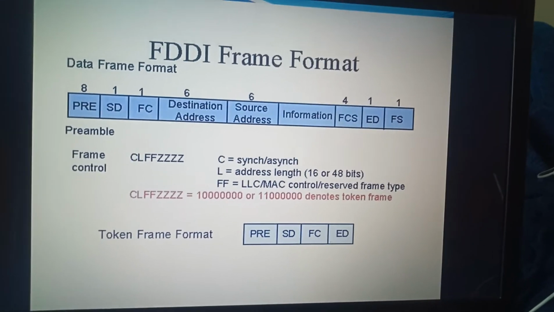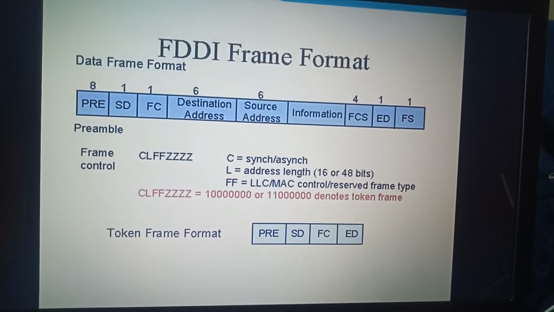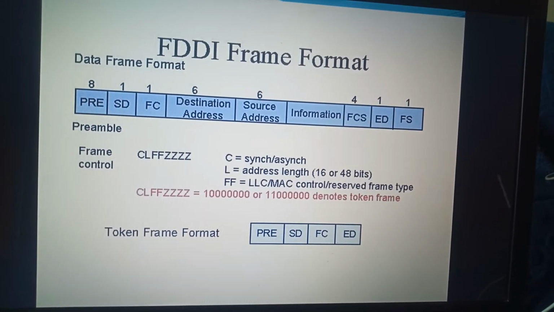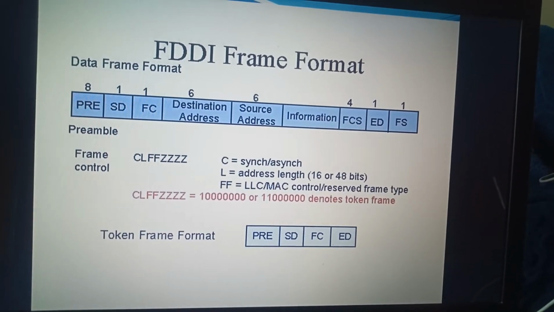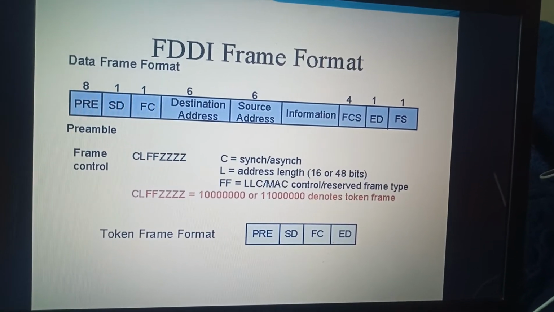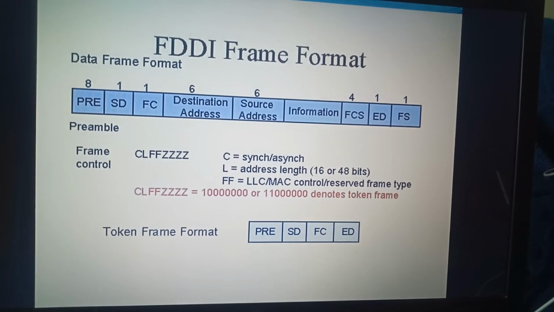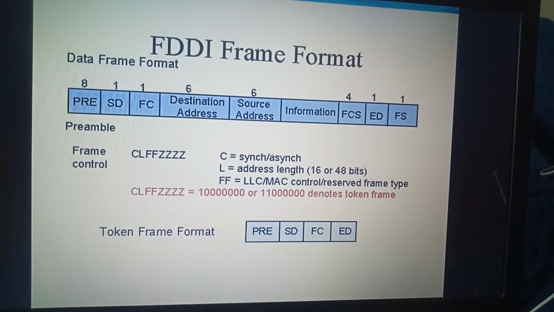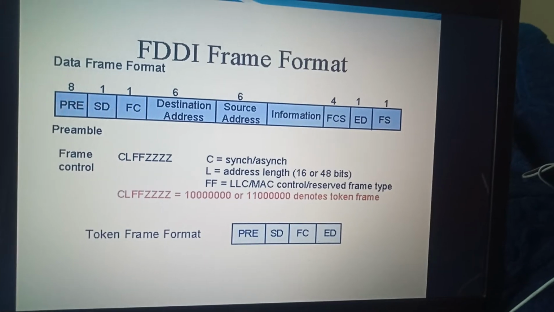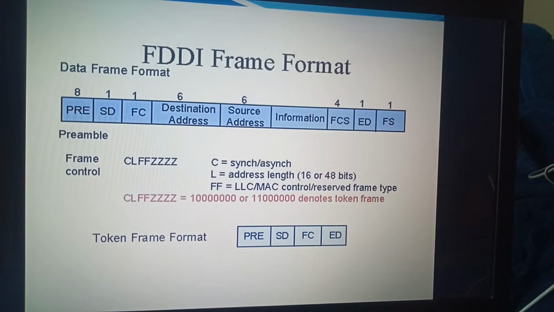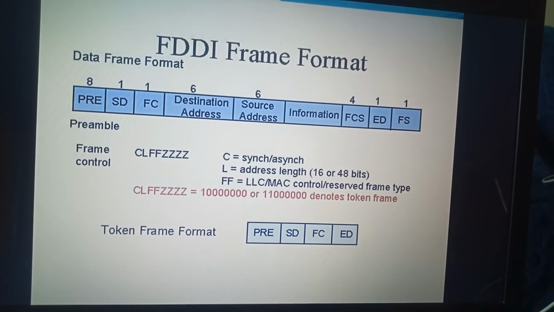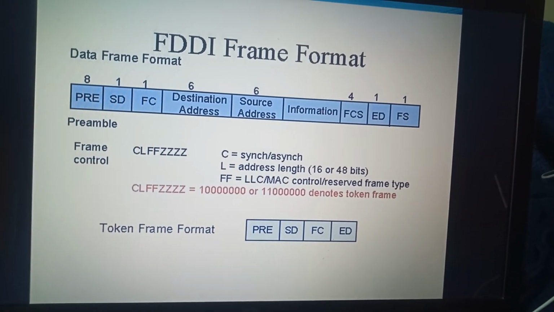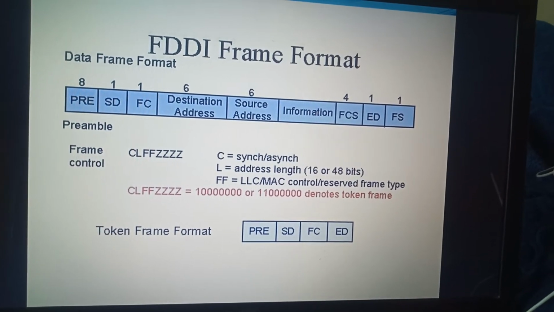FDDI frame format. This is the data frame format of FDDI: PRE, that is preamble, SD, FC, destination address, source address, information, FCS, ED, FS, with the bit sizes 8, 1, 1, 6, 6, 4, 1, 1 denoted for each field. Now the token frame format: PRE, SD, FC, ED.